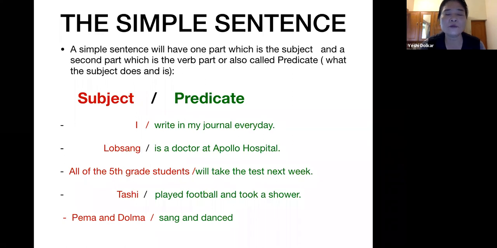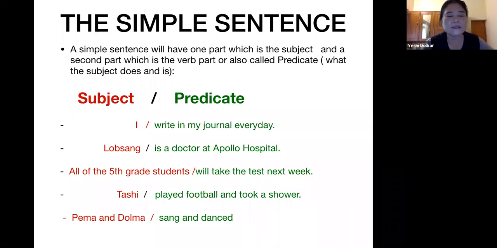All of the 5th grade students will take the test next week. See, all of the 5th grade students is clearly the subject of this predicate. The predicate is will take the test next week. So clearly, again, you see a subject and a predicate.